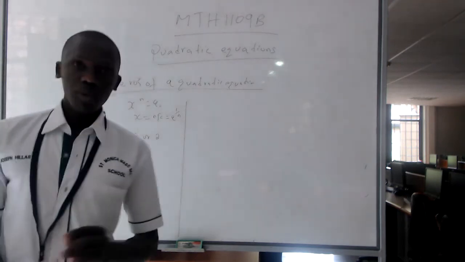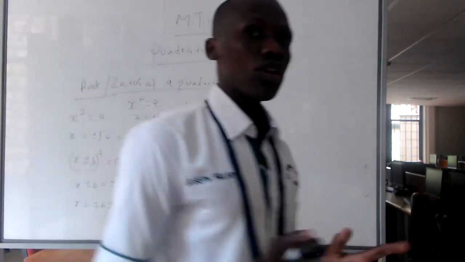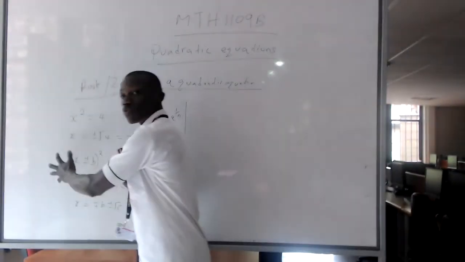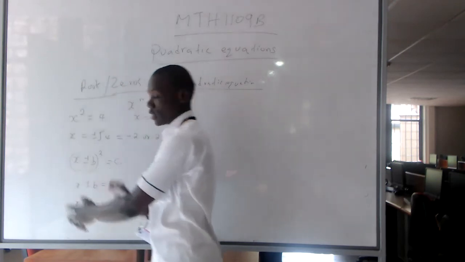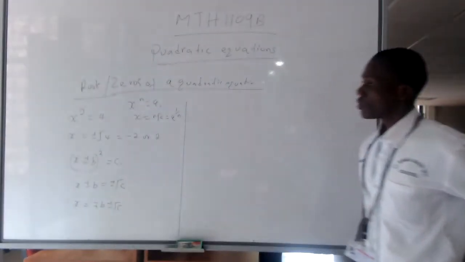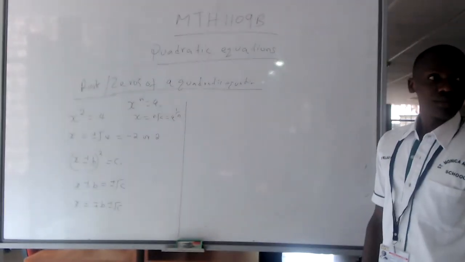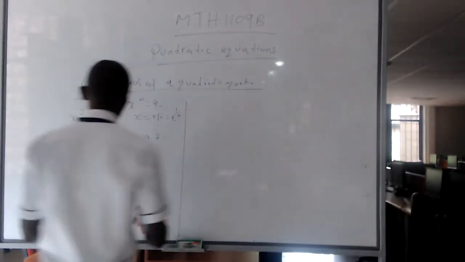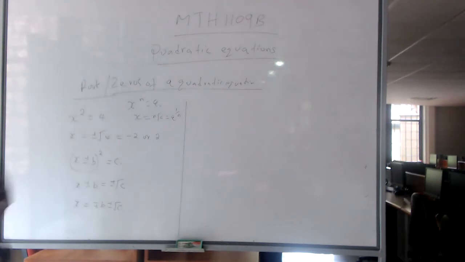But the problem we have is that not all quadratic equations are perfect squares as they're given. So the first thing you need to do is to be able to write the quadratic equation as a perfect square. And this is something we can do in general. We can write any quadratic equation as a perfect square.